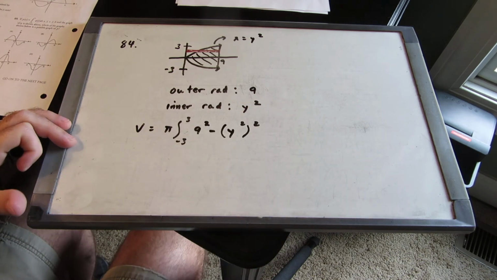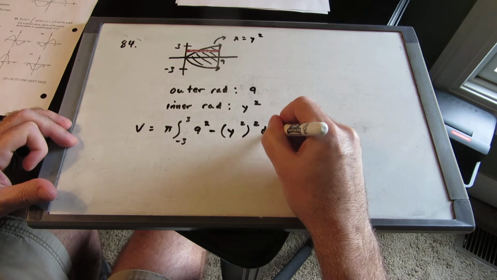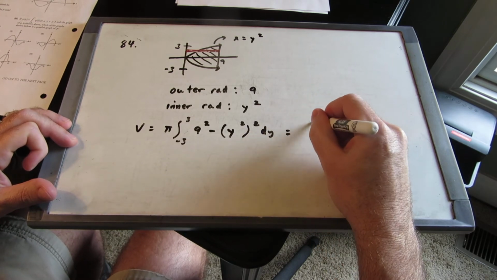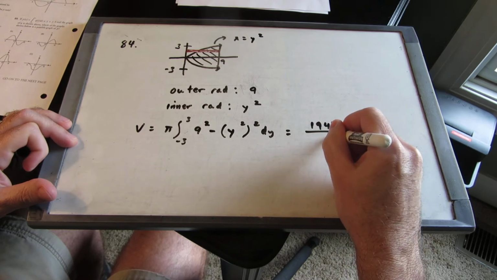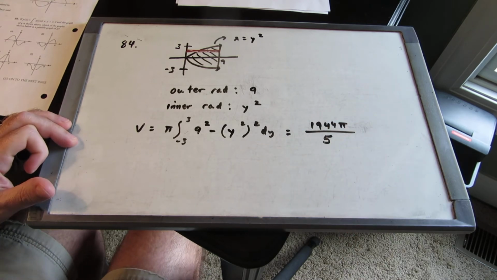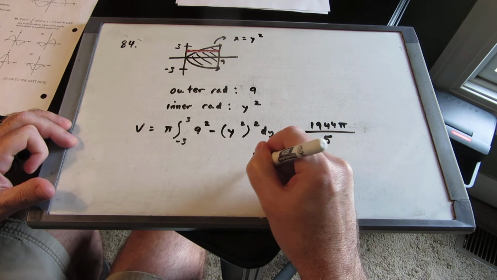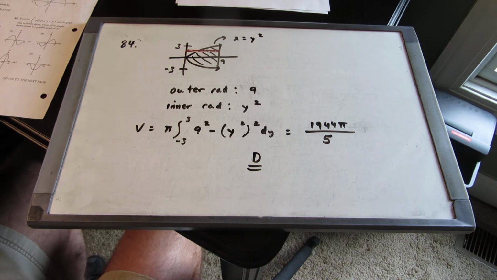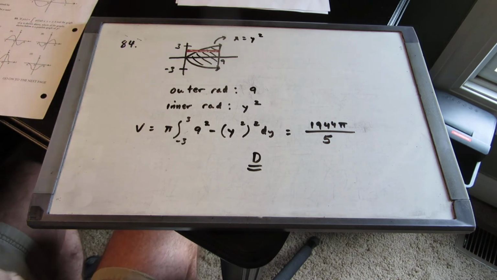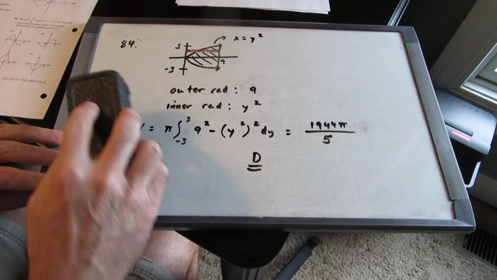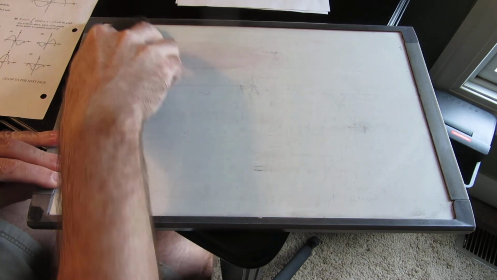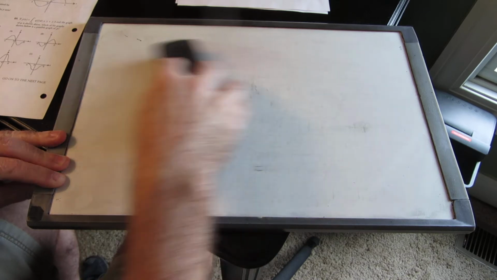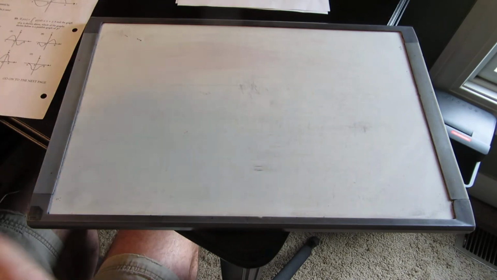So 81 minus y to the fourth might be what you want to put in your calculator, and you'll get 1944 pi over 5, and that is option D. Alright, so 84. Red marker doesn't erase that well.